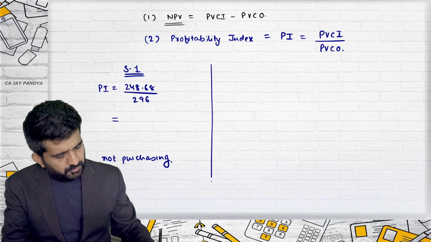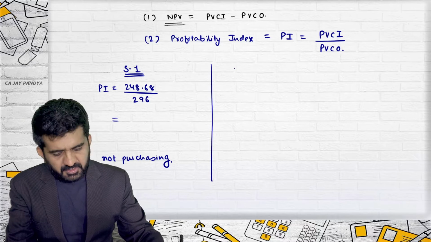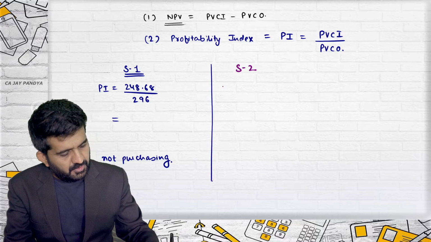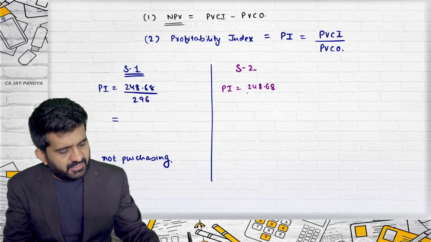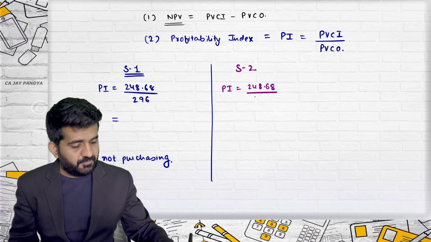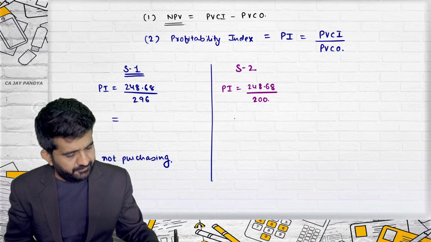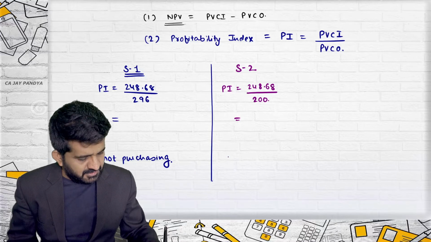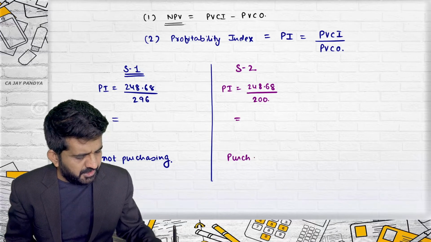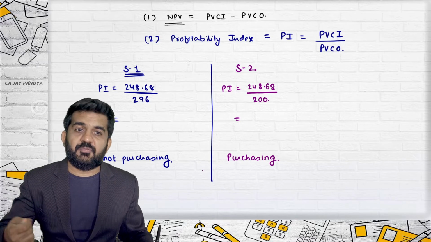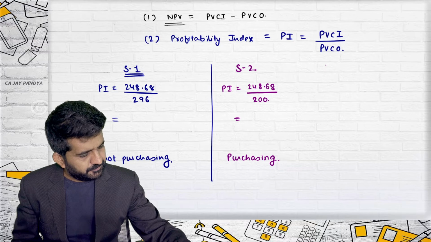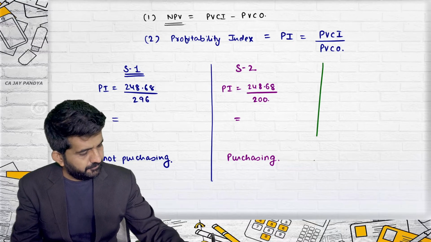Situation number 2. What will be the figures? PI is equal to 248.68, and if you remember, present value of cash outflow was 200. What was our answer? We were purchasing the machinery, and believe me, the answer will remain the same, whether it is profitability index or NPV.